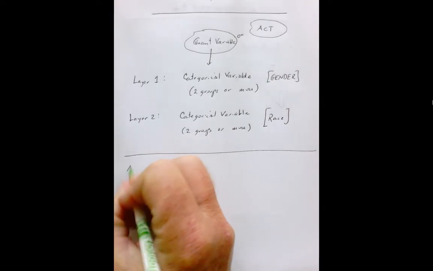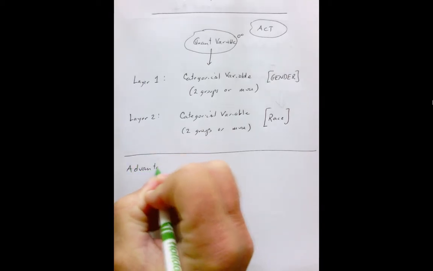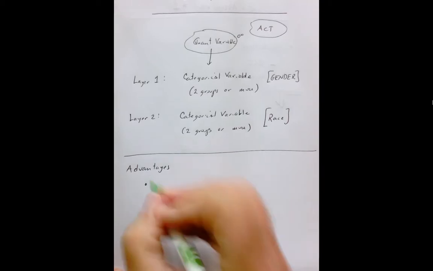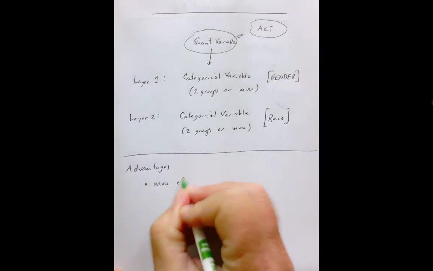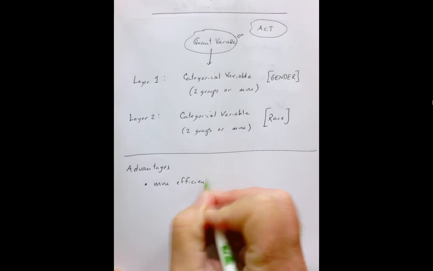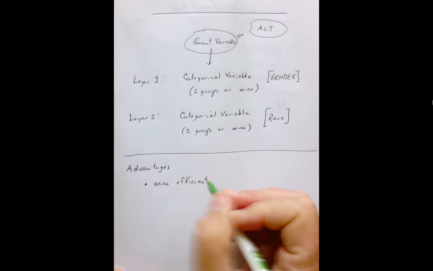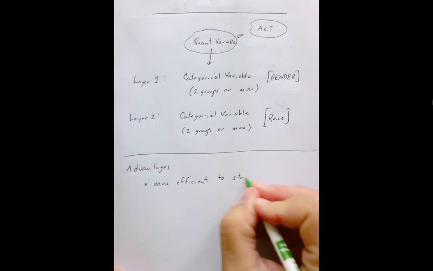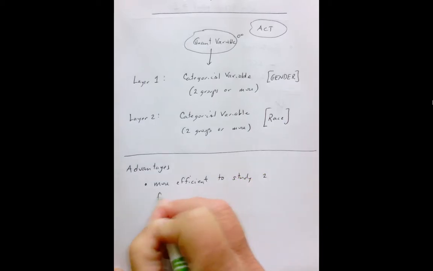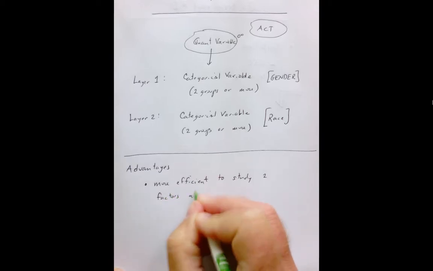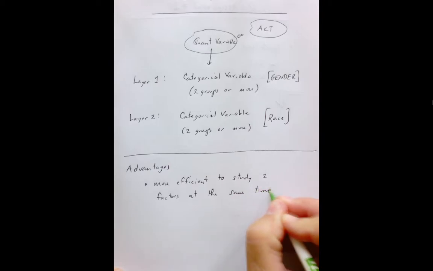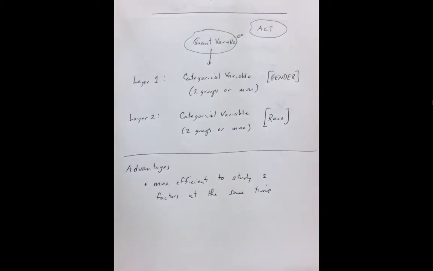So guys, a few advantages that I'm going to summarize. I'm not going to write all this out. I consider two-way ANOVA to be more efficient. So I think it's more efficient to study two factors at the same time than it would be to study them separately.